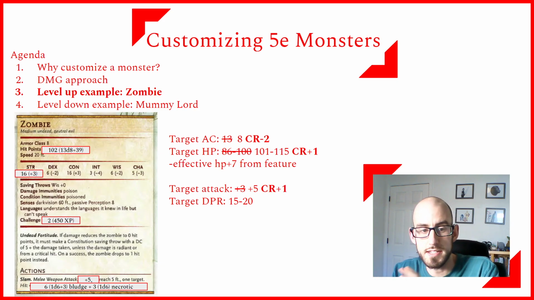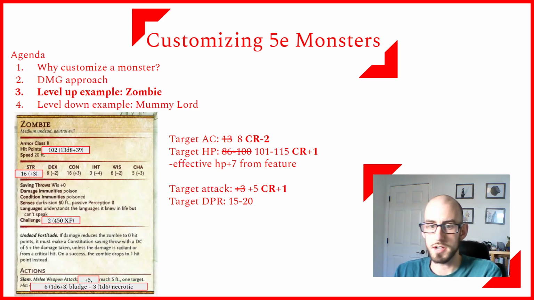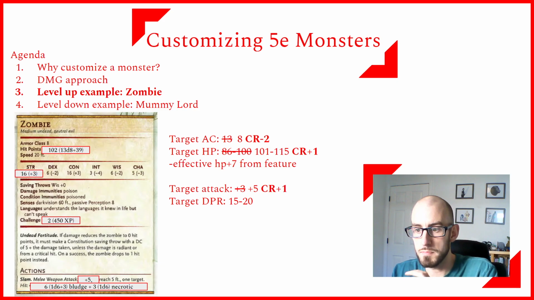Now, that is a CR3 creature health pool, but when calculating our defensive challenge rating, for every 2 points our armor class is less than our target, we can count the CR as 1 lower. So I'm going to keep the armor class at 8, and because that's 5 points lower, that's at least 4 lower than our target armor class. So that drops our CR by 2.